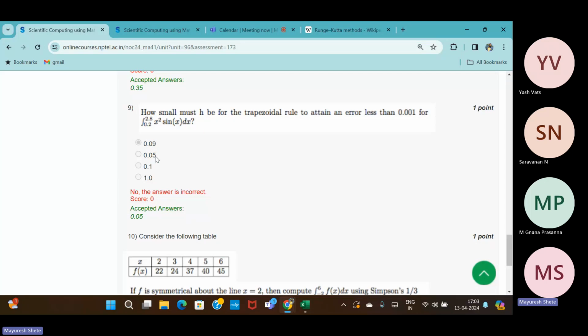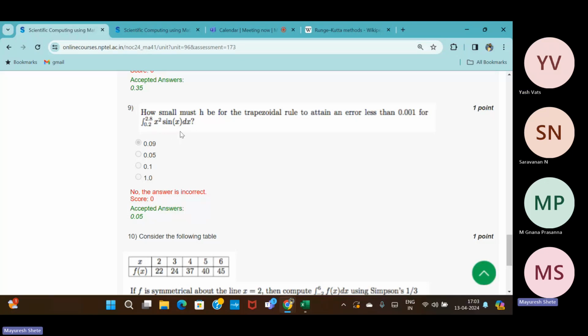So here also, as it is the trapezoidal rule, the question is correct. So 0.001, that's the error. That should be equal to h cube by 12 into f double dash xi, is it not? And xi to be taken for this function, we have to find out at 2.8 and at 0.2 what are the values of f double dash, and the maximum value is to be taken.